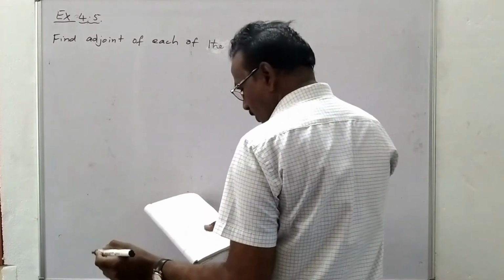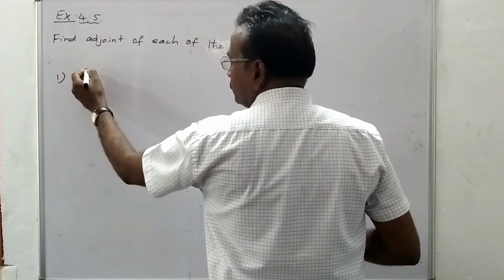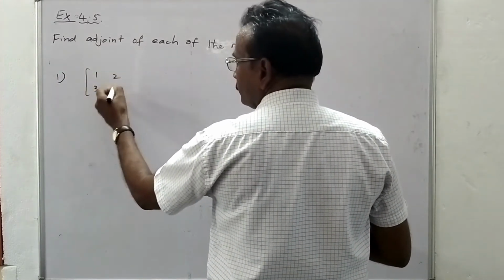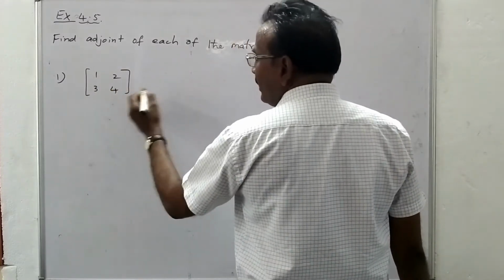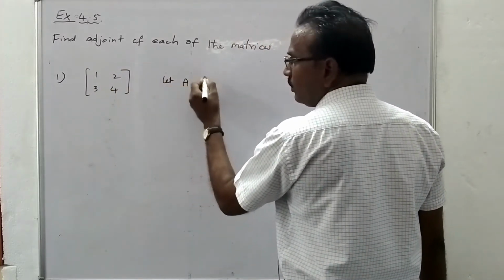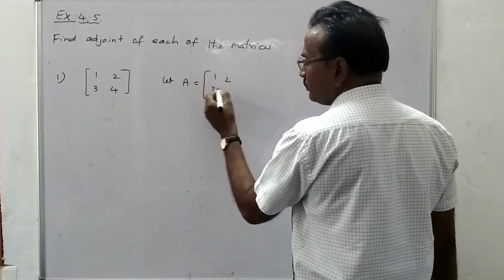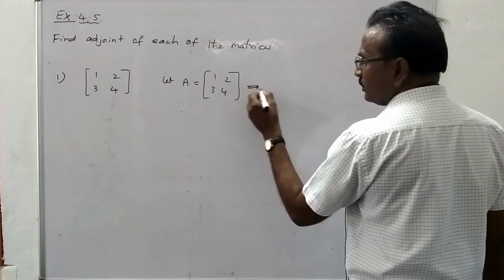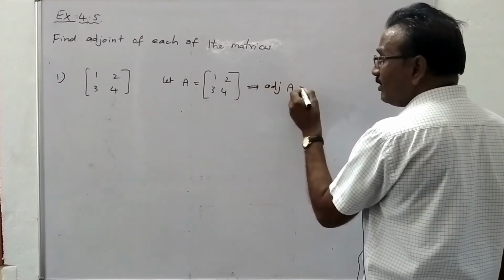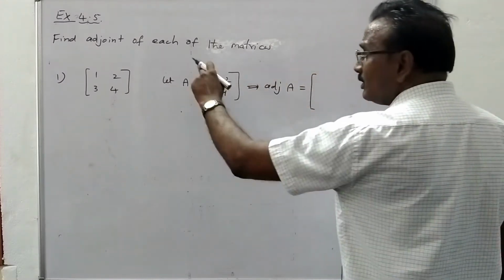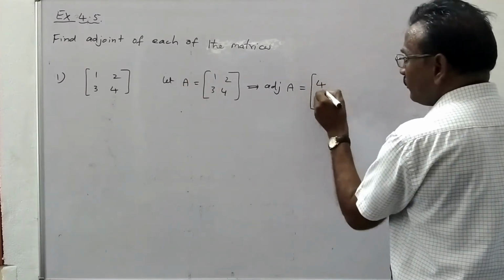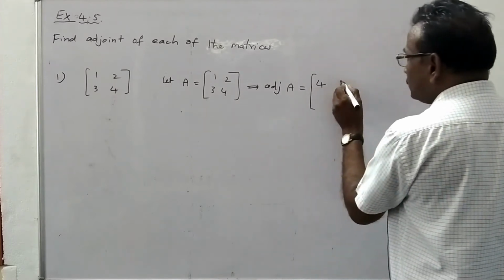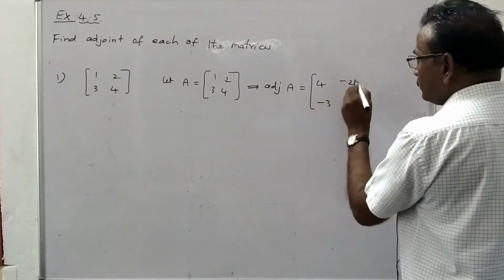Question number 1: 1, 2, 3, 4. Let A be the given matrix 1, 2, 3, 4. The adjoint of a second order square matrix is obtained by interchanging the principal diagonal elements. So first interchange the principal diagonal elements, 4, 1, and change the sign of the other elements, that is minus 2 and minus 3. So this is the adjoint of A.